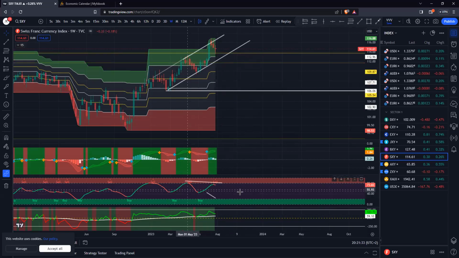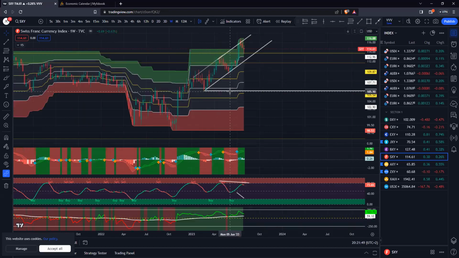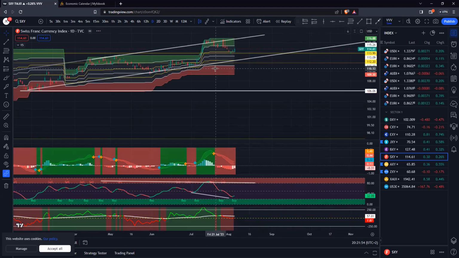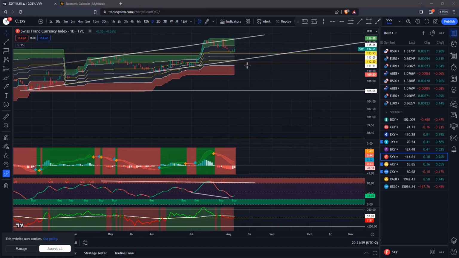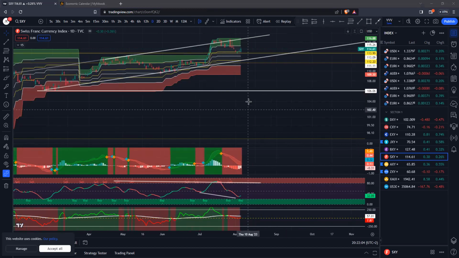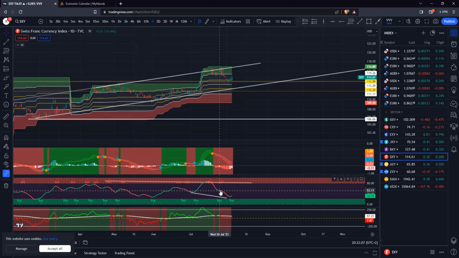Then SXY made also divergence, but there is no structural divergence from the VVV plus, and also the same thing on the REMA, what we can see. Okay. On the daily basis, there is also a divergence formed, and here is our high.